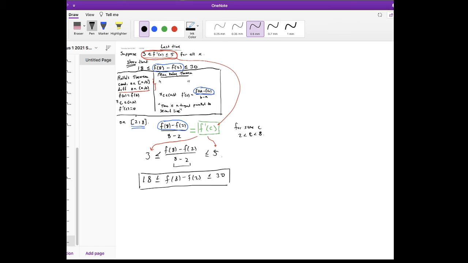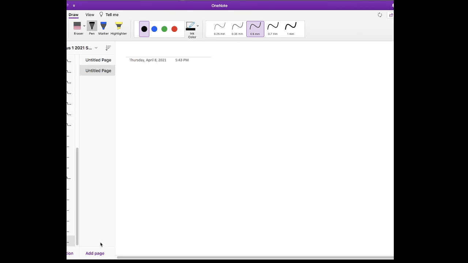Okay, so continuing on for what we're going to do today, the main things we're going to be looking at are really how the derivative gives information about the graph.